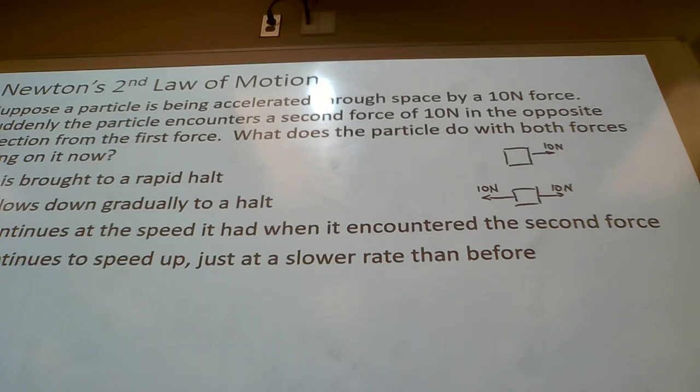Okay. So we're speeding up. Now we're going at constant velocity. Good there? Okay.